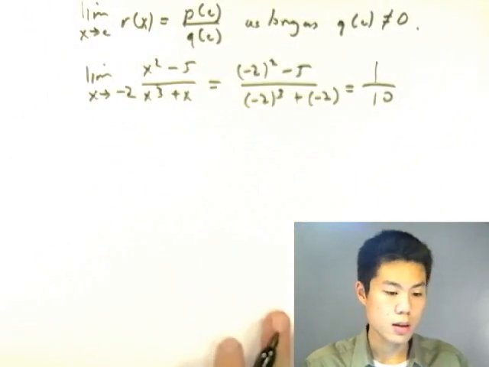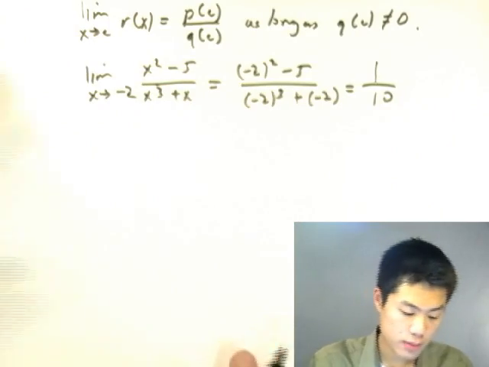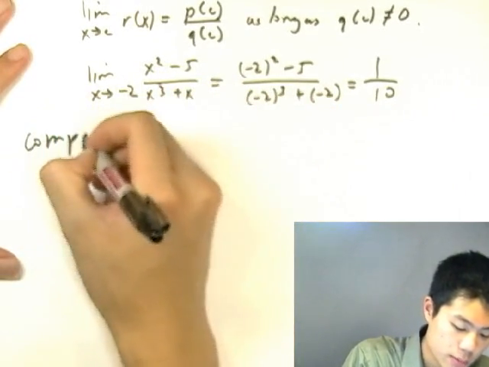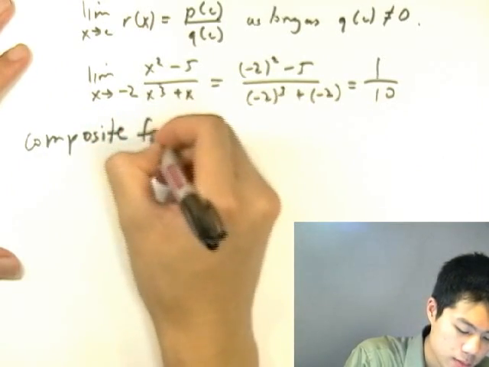Okay. Composite functions. The limit of a composite function. This is kind of confusing, but stay with me here.